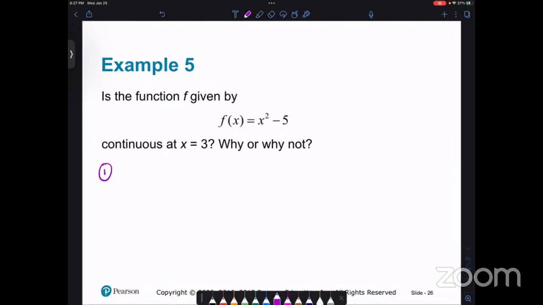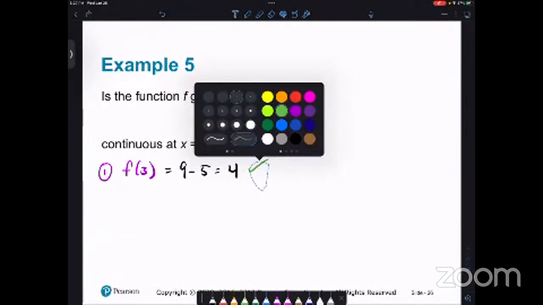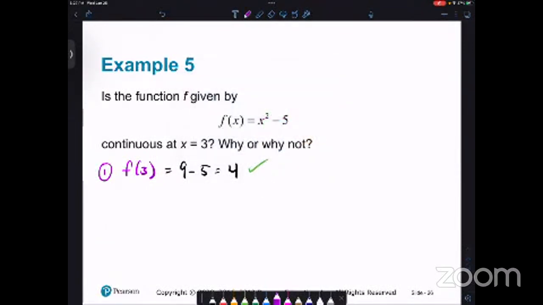Let's just do f of 3, right? So if we plug in 3, 9 minus 5 is 4, right? So we're just going to say yes there. Okay, so then for the second stipulation for continuity, does the limit as x approaches 3 of f of x exist?